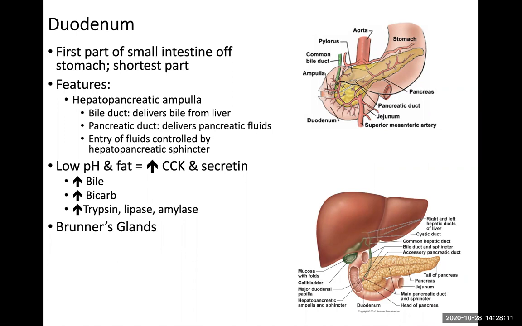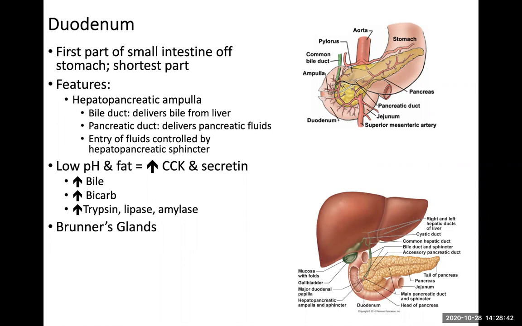CCK gets into the blood, it travels to the gallbladder, and it causes the gallbladder to contract and to dump bile into the duodenum, right? And bile, when it comes into contact with fat, emulsifies that fat, so breaks it up into droplets, so that the pancreatic lipases, which are the enzymes that catalyze the reactions by which fats are broken down, have a greater surface area to work on, right?